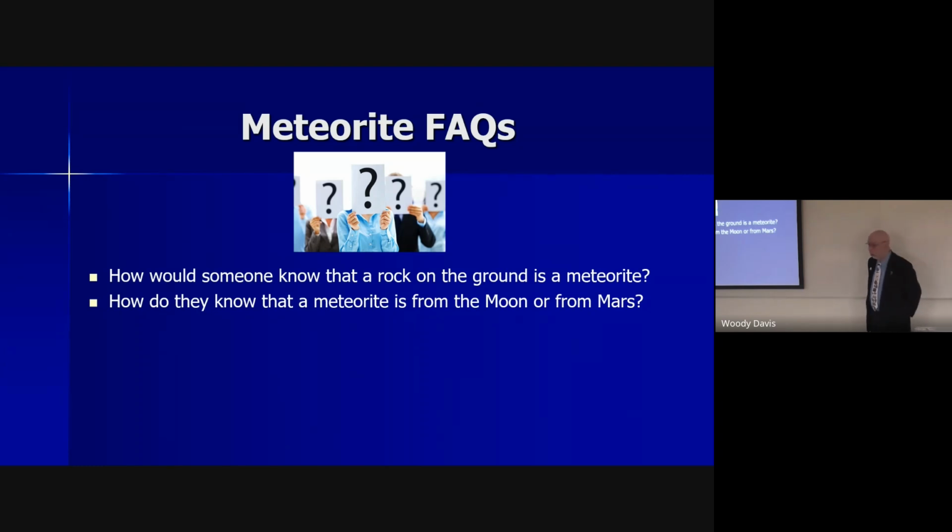Others are made of more feldspathic, or feldspar-like, material. There's a mineral called anorthite, which forms a rock called anorthosite, which is common in the lunar highlands. And again, Apollo-returned rocks from the highlands compare very closely to some of these meteorites.